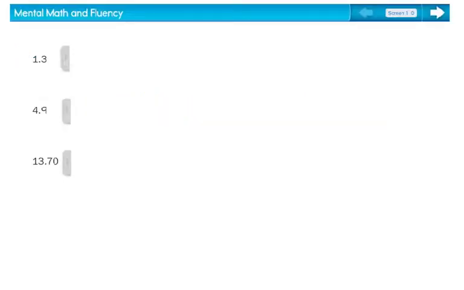Would you please write the number 1 3/10 in the middle of your whiteboard? I'll do the first one with you. What I want you to do is write a decimal that is less than 1 3/10 and a number that is greater than.